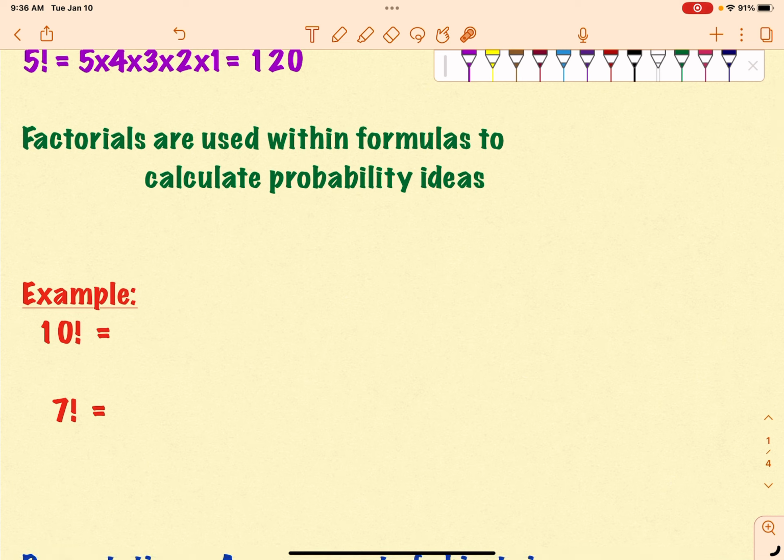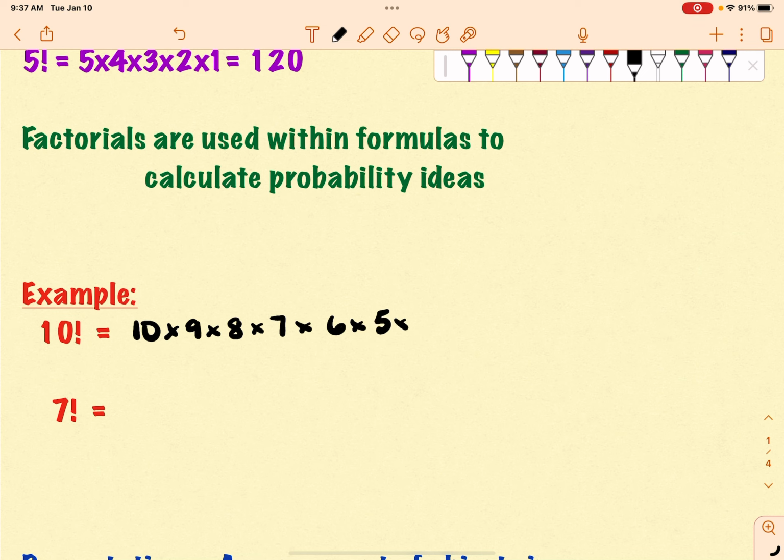So if I have an example of 10 factorial, that means I would have to multiply 10 by every whole number up to 1. Now, really multiplying by 1 doesn't matter, but it is helpful just to make sure that you have all of the numbers there that should be.